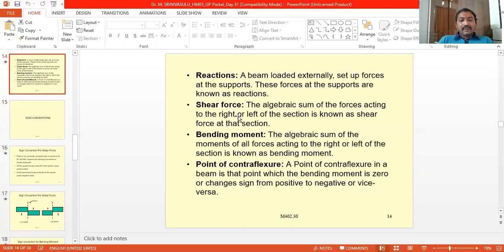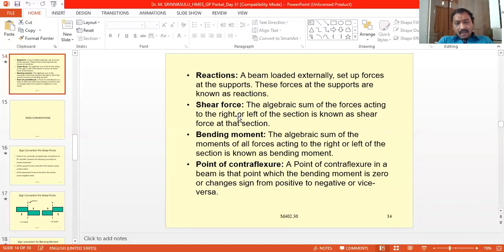Now coming to the bending moment. Bending moment is very simple. What is the bending moment? Bending moment means the moment of a force. What is the moment of a force? It is the magnitude of the force into the distance of the force from the point about which the moment is required.